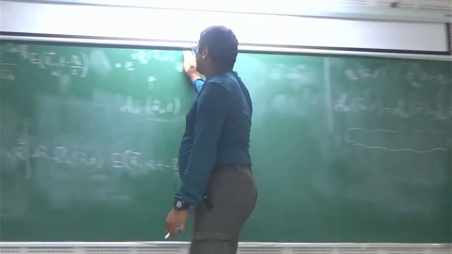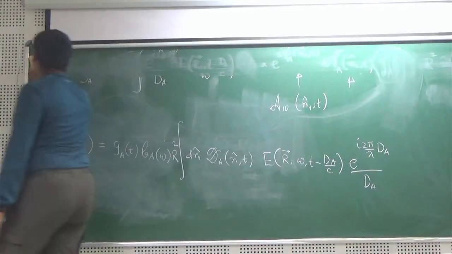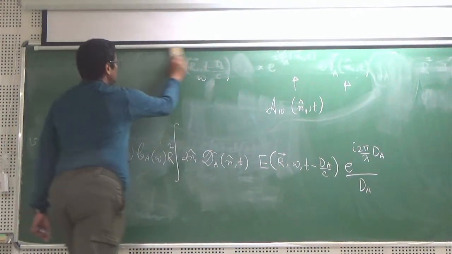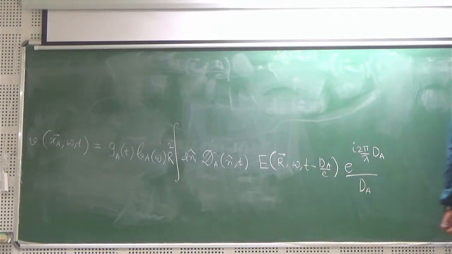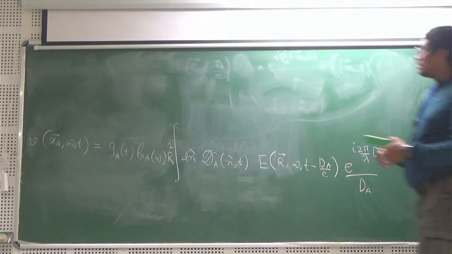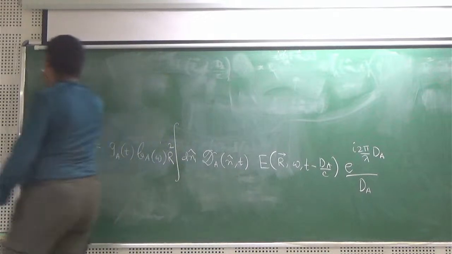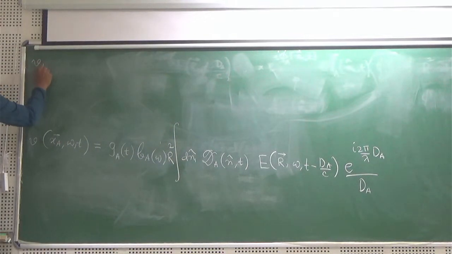Now, in radio interferometry, which essentially means that I have to correlate the voltages recorded at two different antennas. That's what you do. Correlate the voltages recorded at two different antennas. I'll call that VAB.